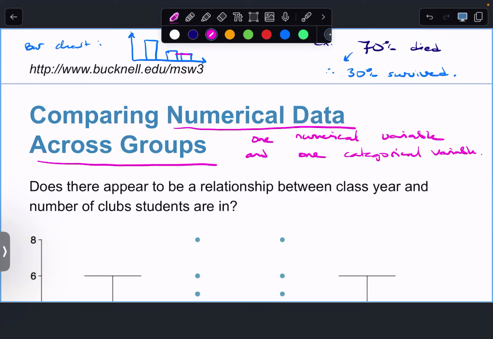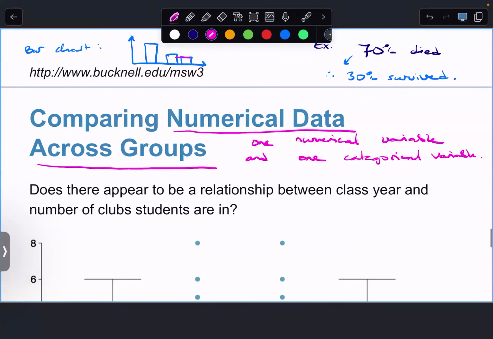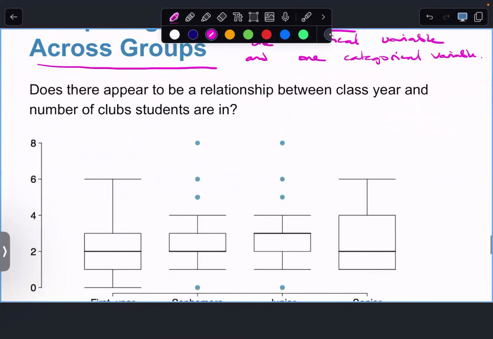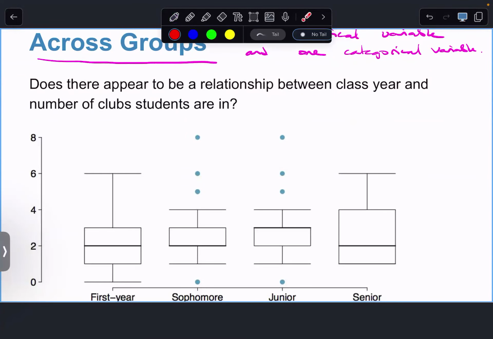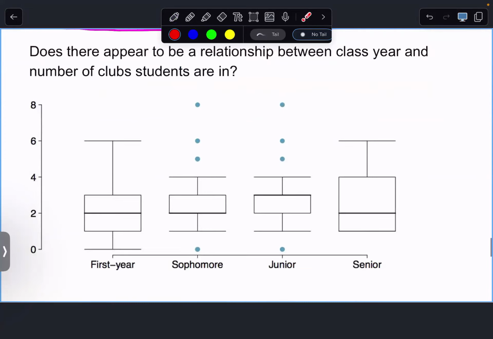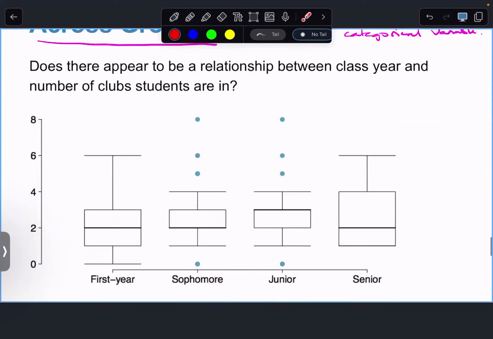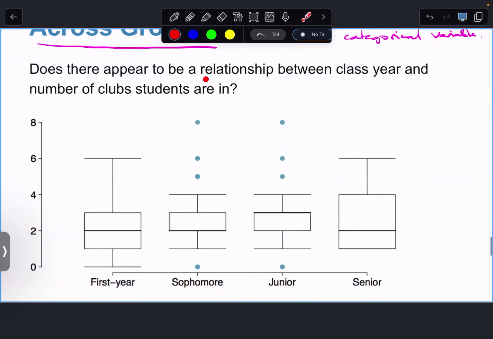Usually what we do is what's called a side-by-side box plot. And so here, does there appear to be a relationship between class year and the number of clubs students are in?